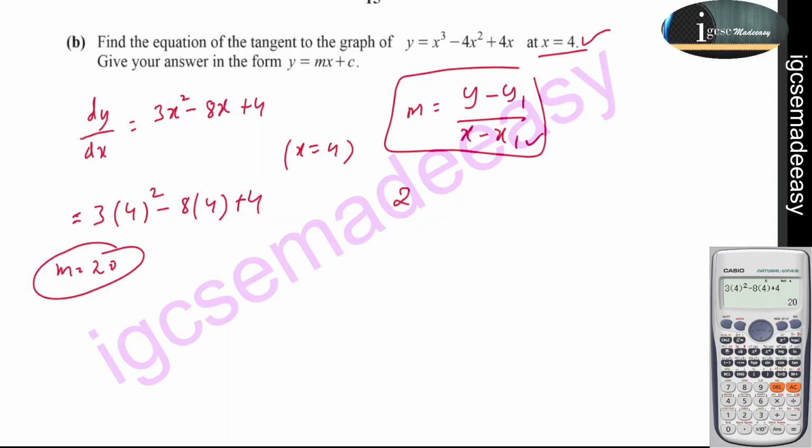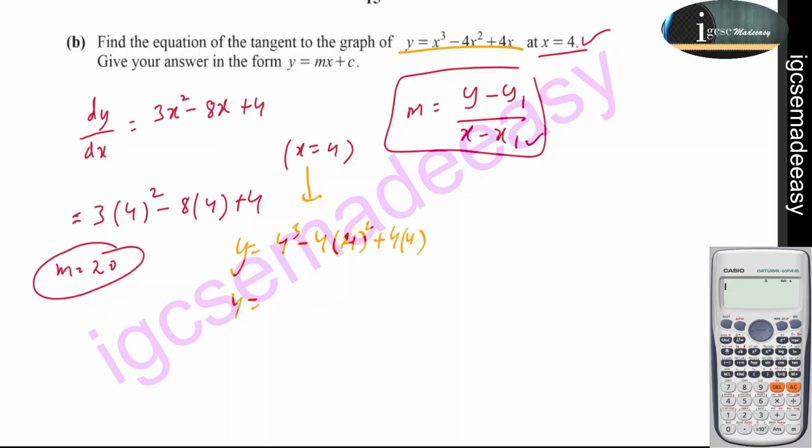If we put this value of x as 4, we can get the value of y1 also. So let's put that x as 4 and find out the value of y. Before using this formula, let's put this value of x in this equation. So y will be equal to 4 cube minus 4 into 4 square plus 4 into 4. Let's find out the value of y.